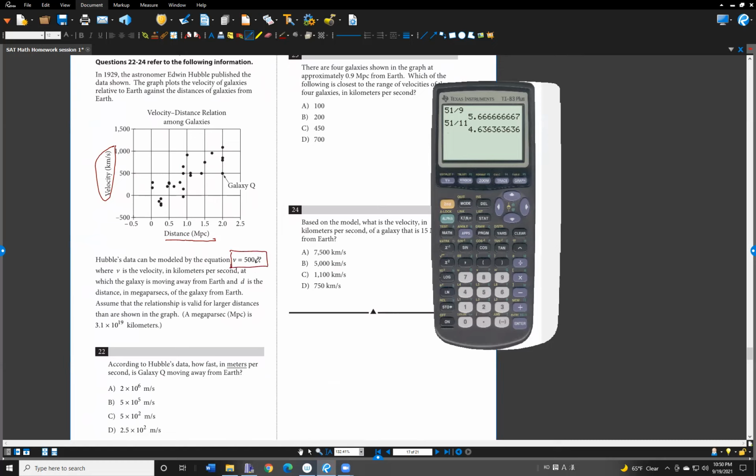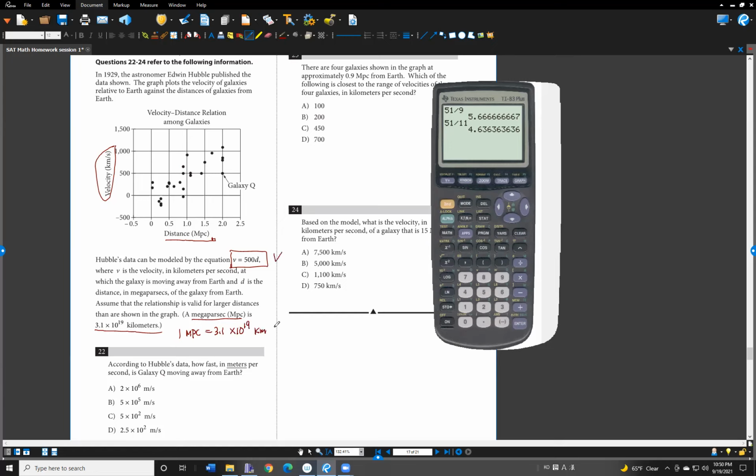Okay, so velocity is what? 500 times their distance in MPC. 1 megaparsec, yeah, this is true. 1 megaparsec equals 3.1 times 10 to the 19 kilometers.